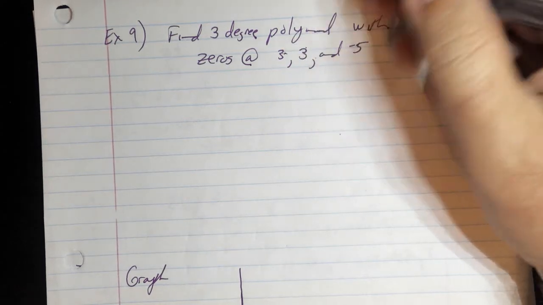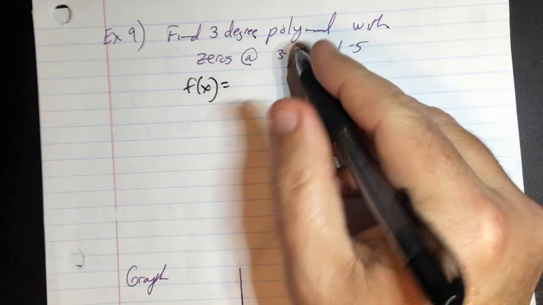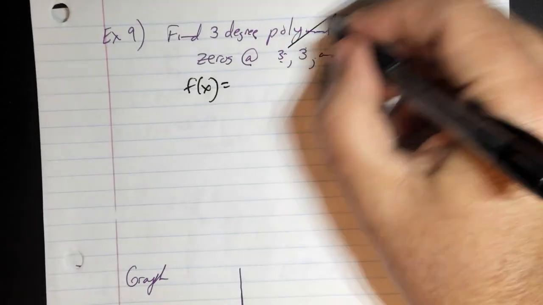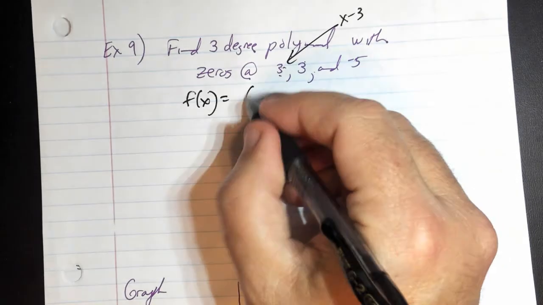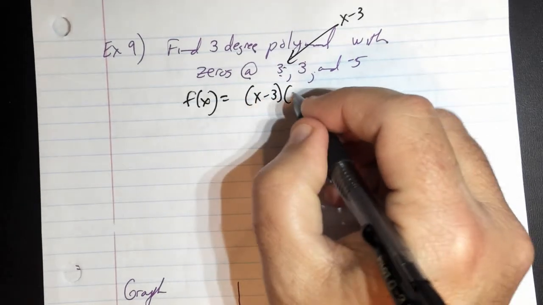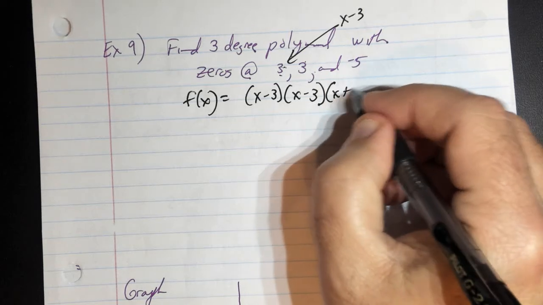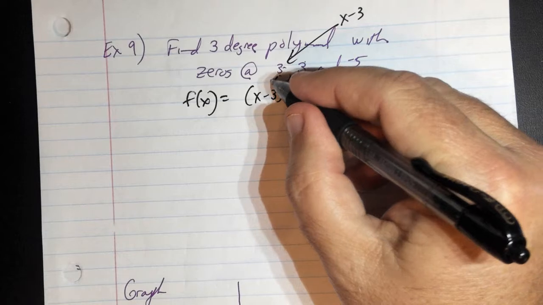So, how do I find the polynomial? Well, that polynomial is going to be factors that you would get from the zeros. So how would I find a factor from 3? It'd be x minus 3, correct? So it's going to be x minus 3 times x minus 3 times x plus 5. So each of those gets its own factor.